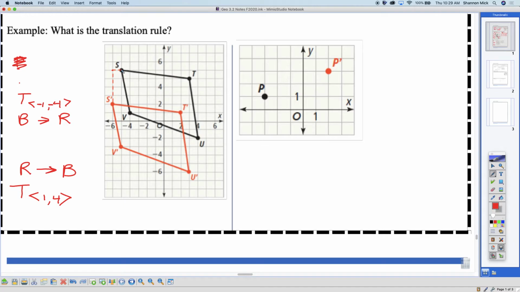Okay, so on the next one, am I moving black to red or red to black? Black to red. So try that one on your own. Somebody else, Cole.